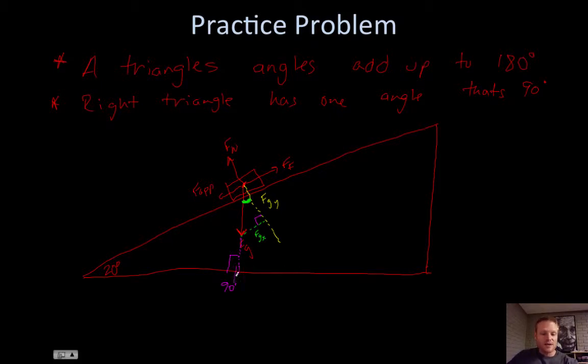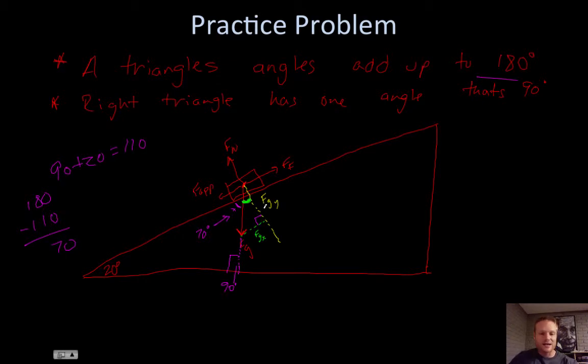So if I know this right angle here is 90 degrees and this one is 20, what must this angle right there be? Well, I just take 90 plus 20, that equals 110, right? And I know that a triangle's angles must add up to 180 degrees. So 180 minus 110 is 70. This angle there must be 70 degrees.